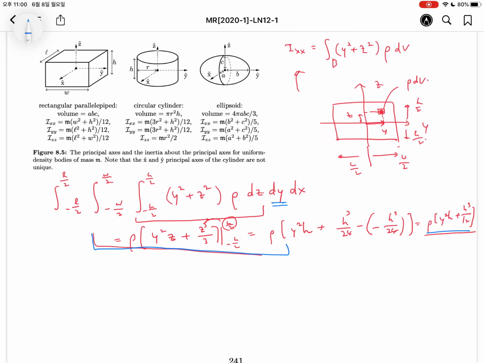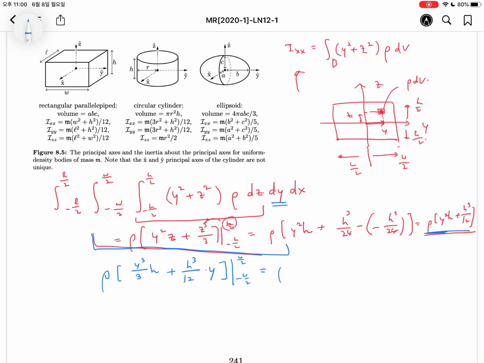Let's take the integration in terms of y. Here rho, and then y square gives y cube over 3, and h is constant here, h cube over 12, and then y. The initial and the final values are w over 2 and minus w over 2.